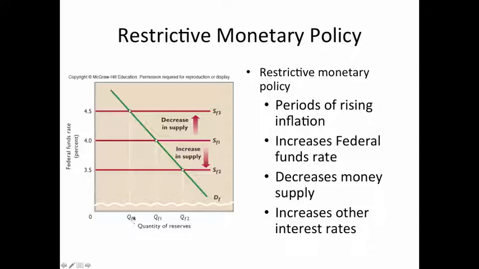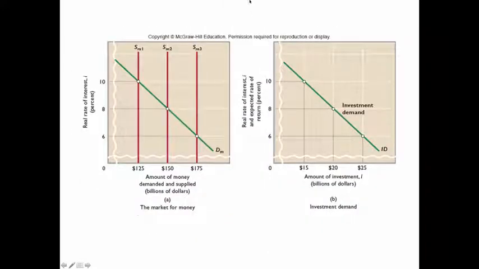And back to the money market, over here, if we decrease the money supply, let's say we were right here at SM2 and DM, let's say right now in the money market the interest rate is 8%. If we can decrease the money supply, move it to SM1, again, that increases the real rate of interest from 8 to 10%. So this is a restrictive monetary policy, which is designed to reduce the money supply, get banks to loan less money out.